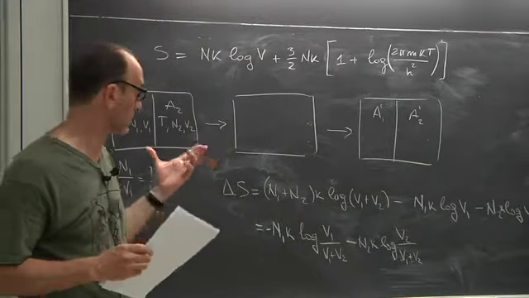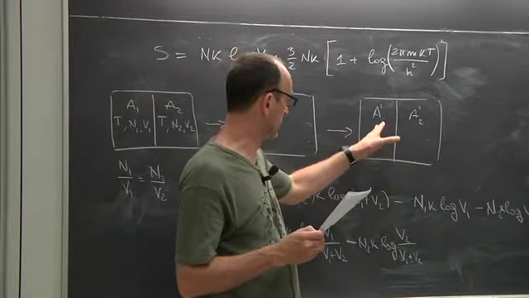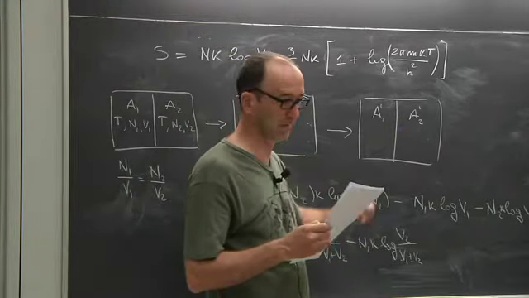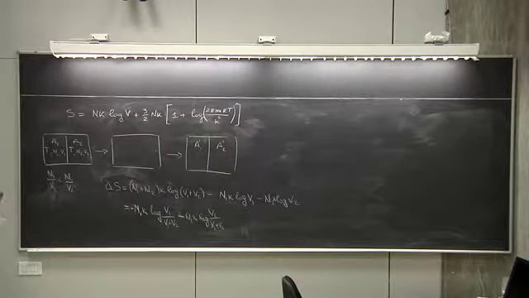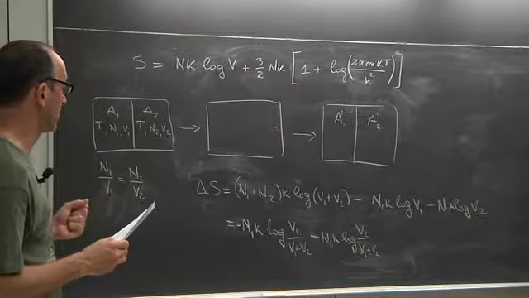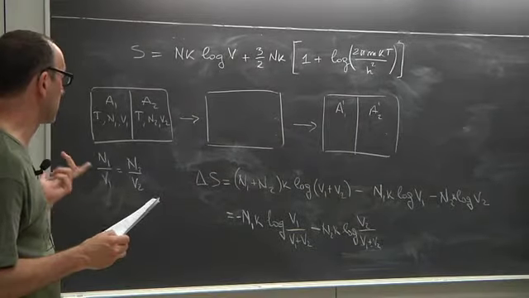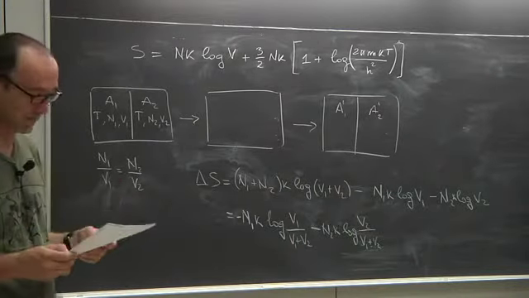If the density is constant, here there will be approximately N1 particles and the volume is V1, and here there will be approximately N2 particles and the volume is V2, because the densities are the same. So then this is a reversible change, and the delta S should be 0.